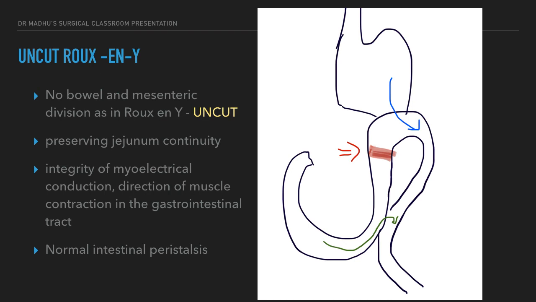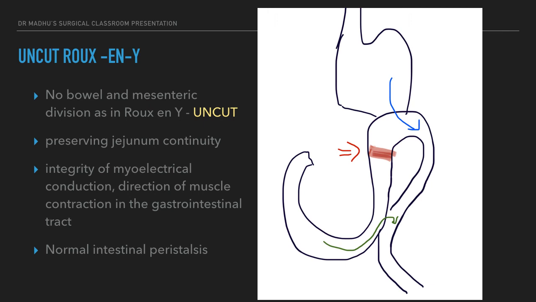So what happens in uncut Roux-en-Y is there is no mesenteric division. The jejunal limb is taken up without any division, and it is anastomosed to the remnant stomach. Now, how can we still maintain the advantage of no reflux of biliary and pancreatic contents into the stomach?